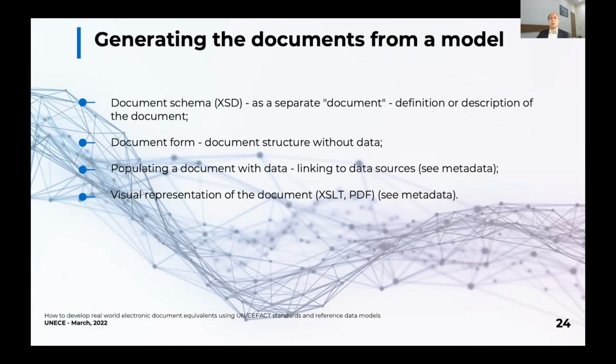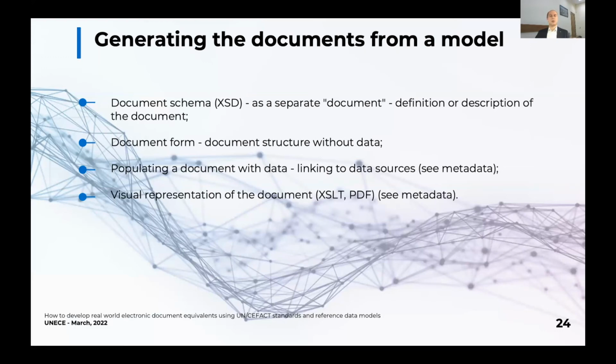This is the document schema as a separate document, its definition or description; the document form or blank document, the document structure without data; populating a document with data or linking the document form to data sources, see our topic on metadata; and also the visual representation of the document in the form of XSLT transformation, PDF, or any other form. Each of these views has been discussed in detail earlier.